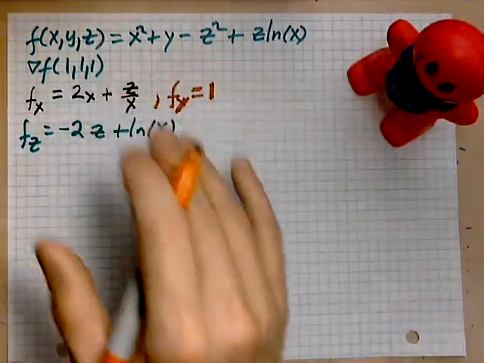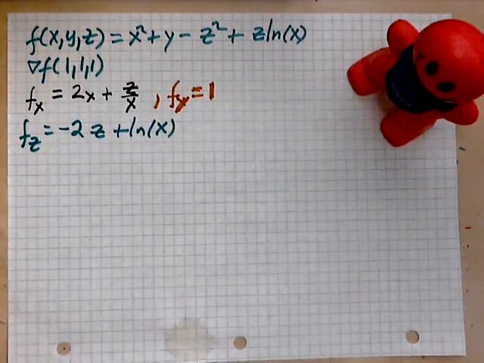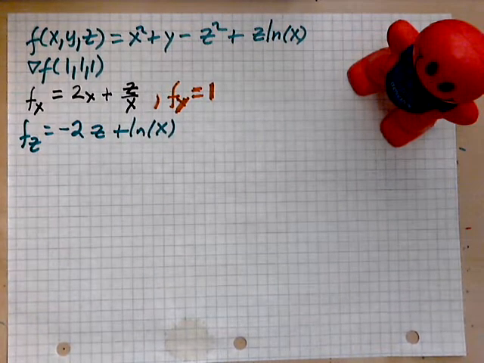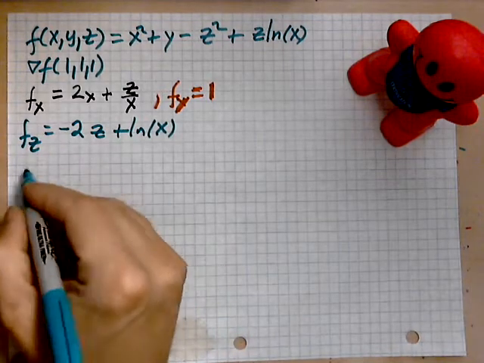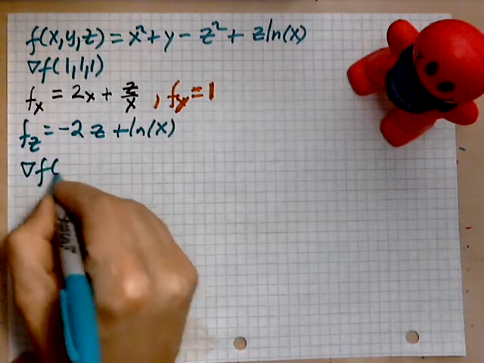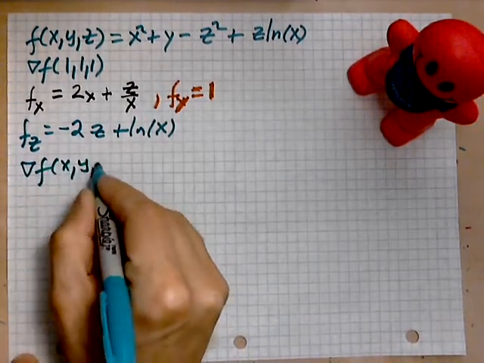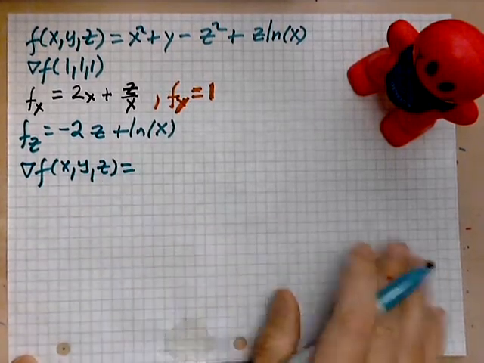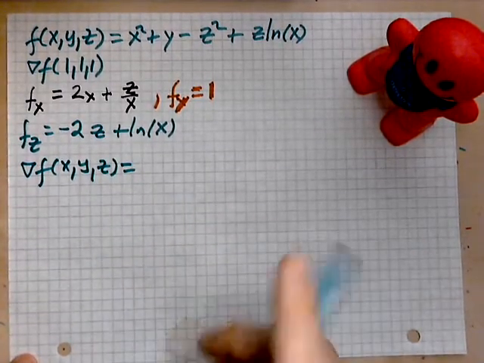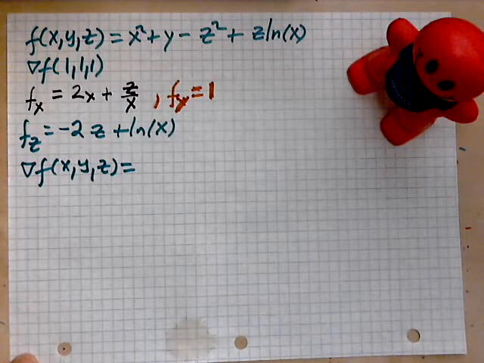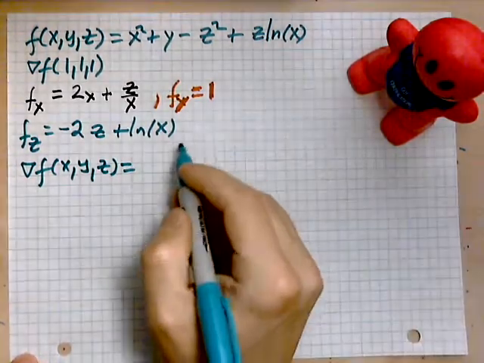And now we just plug them into the definition of the gradient. Remember, this is a function of x, y, and z, the spatial coordinates, a point in space. So in other words, as you move from one point to another point, this thing changes.